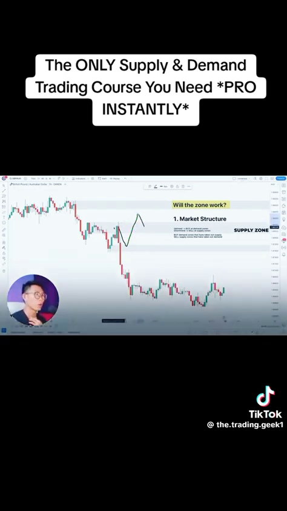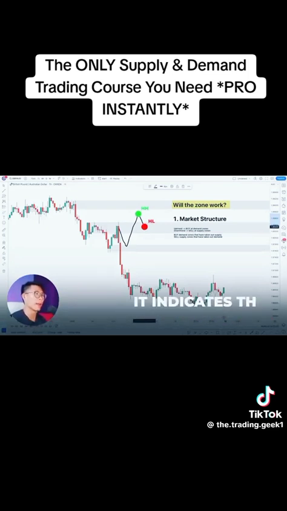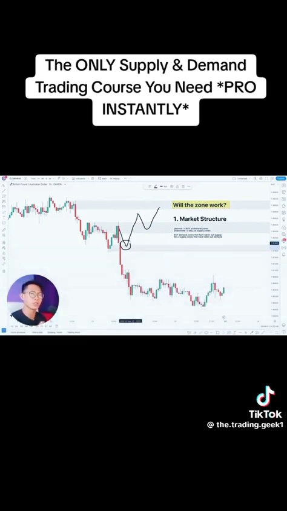Price is no longer creating lower highs and lower lows. It's actually starting to create a higher high and higher low. And this tells us that price is reversing and it's going to become an uptrend. So only then can you enter for a buy at the demand zone, when it has already taken out supply, when it has already shown you signs that this downtrend is going to end. That's the only time you can look to enter for a buy, in a downtrend of course.